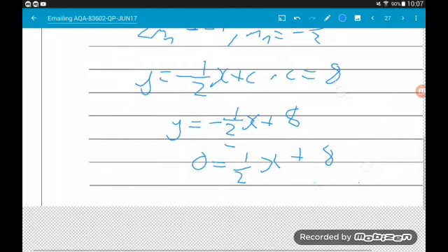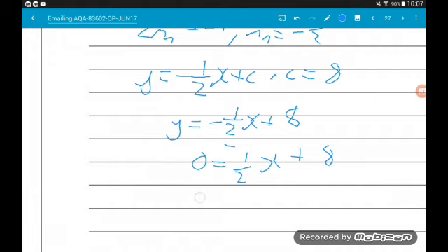If we add our 1 half x, 1 half x is equal to 8. Therefore, x is equal to 16. So our normal intersects the x-axis at x equals 16.